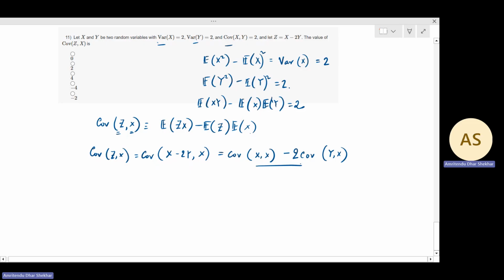So this is given to us, and the covariance of x comma y, covariance of y comma x. Covariance is essentially a symmetric bilinear function on x and y. So that allows us to compute the final covariance. So the covariance of x comma y is just the variance of x, and of course this quantity is given to us.